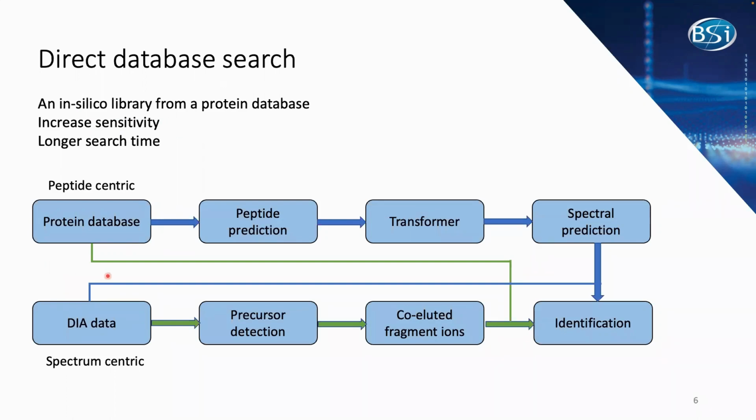A protein sequence is first clipped into peptides according to the enzyme cleavage rules specified by users, and then PEAKS applies an internal spectrum prediction model and an index retention time prediction model on those peptides, and builds a projected spectral library. Finally, PEAKS conducts a spectral library search on the generated in silico library. And again, both peptide-centric and spectrum-centric strategies are applied to cross-validate identification.